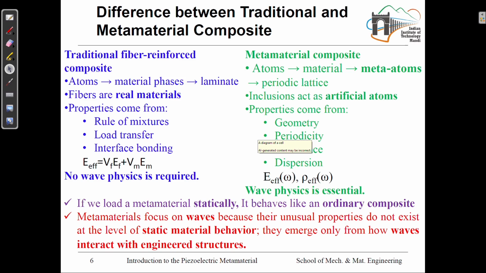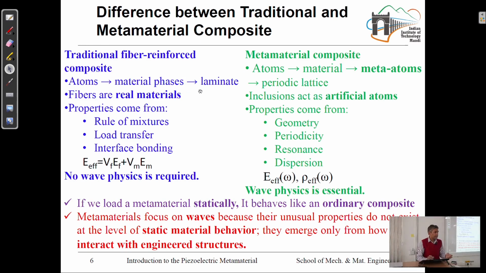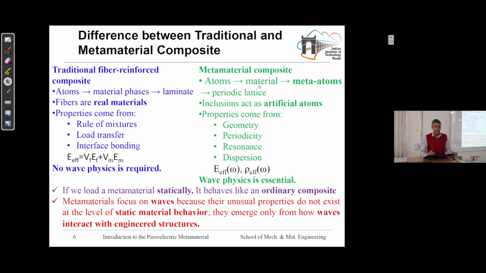For example, in a traditional fiber-reinforced composite, we have atoms, then the material phase, and then we can have a laminate for structural purposes.